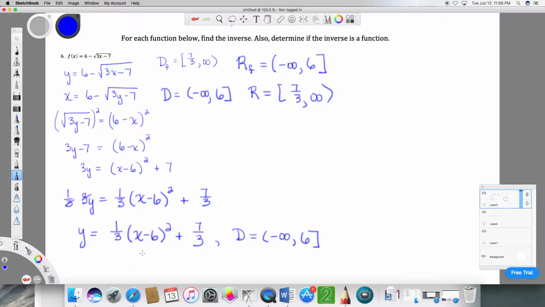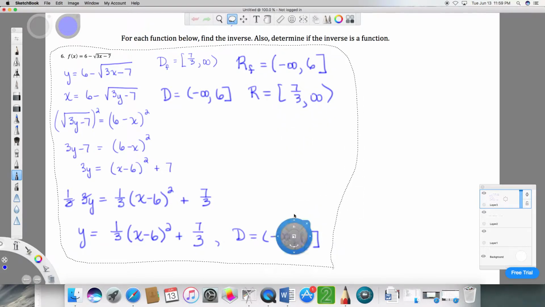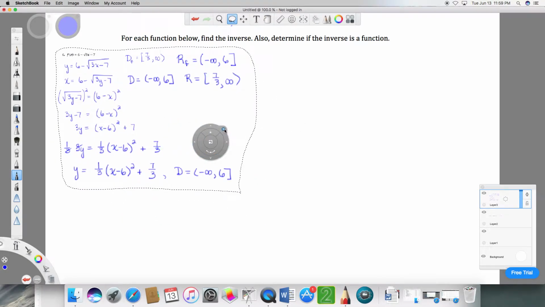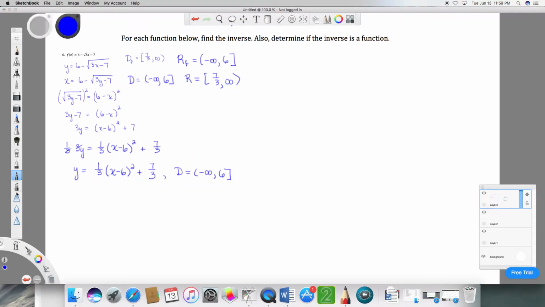Since this is in vertex form, what does this graph look like? Well, it opens upward, and the coordinates of my vertex are 6, 7/3.